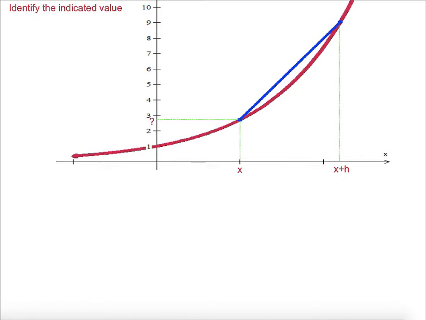The next couple of steps should be easy. That y value, of course, I'll call it, because it is the y value on the function when the input is x, that means the output would be f of x. And then the output later on, when the input is x plus h, would of course be f of x plus h.